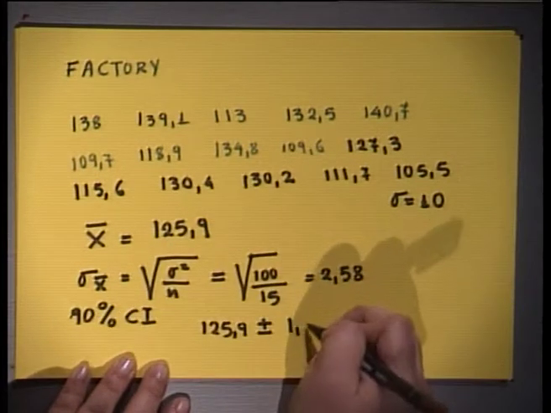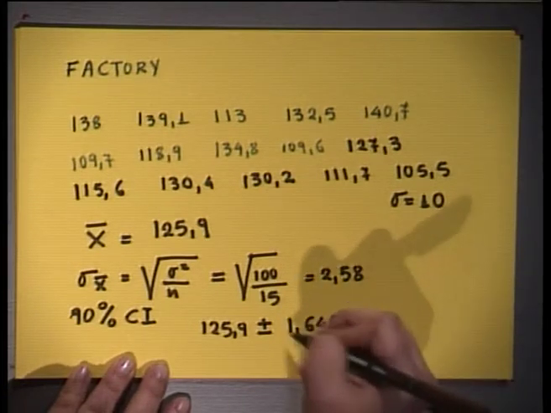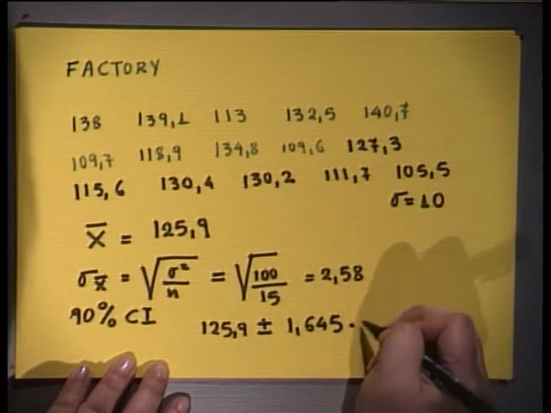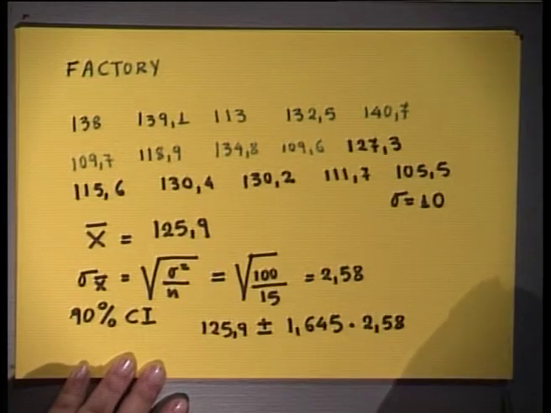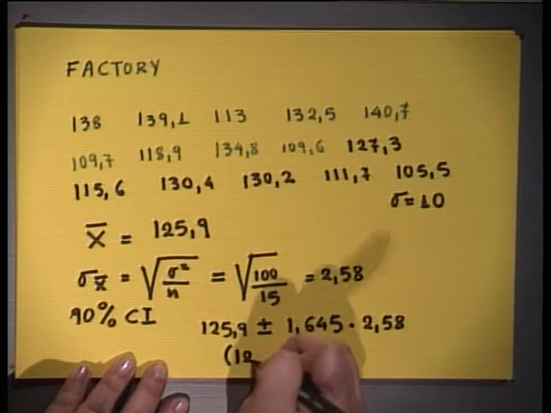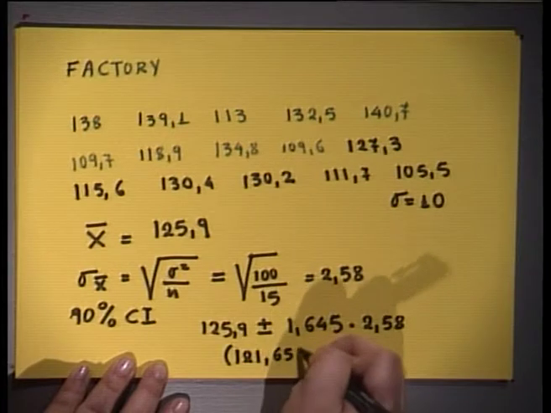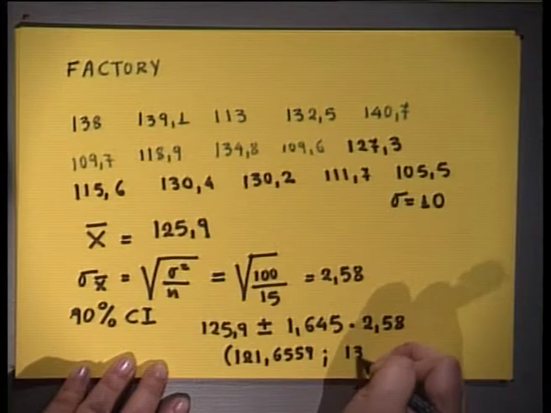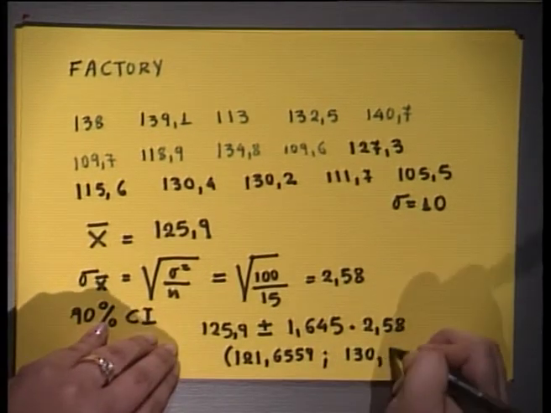So the point on the standard normal distribution is the same, times this 2.58, which results in the confidence interval 121.6559 up to 130.14.